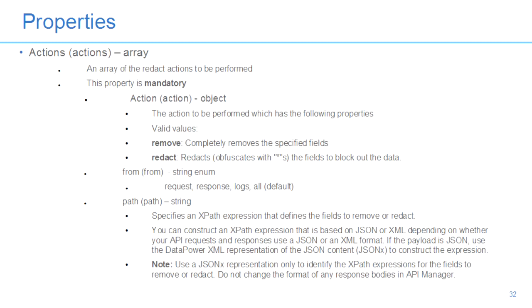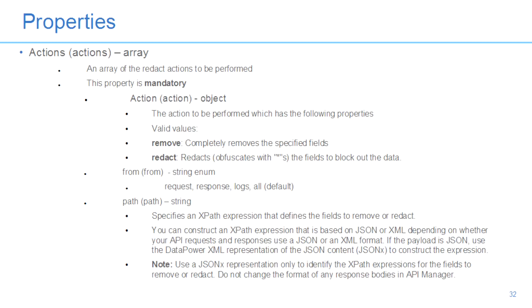And then you have the path, which is the XPath expression, which is going to be used to map into the request or the response data or the logs to find the elements of data that you need to either remove or to obfuscate. Now, the XPath expressions will be different based on whether your content is XML or JSON, because within DataPower uses JSON-X to define or to store some JSON data.